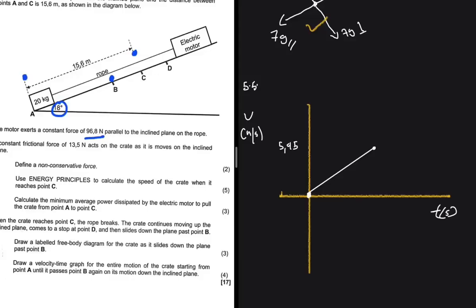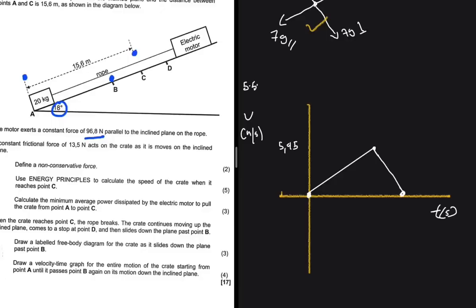But our object will go up for some time before it reaches a VF of 0, right? As it is going up, its velocity is decreasing until it reaches 0. So let's see if we can indicate that in our graph.